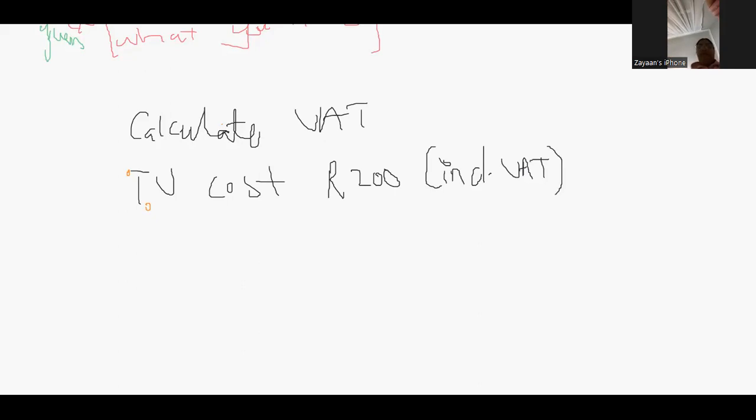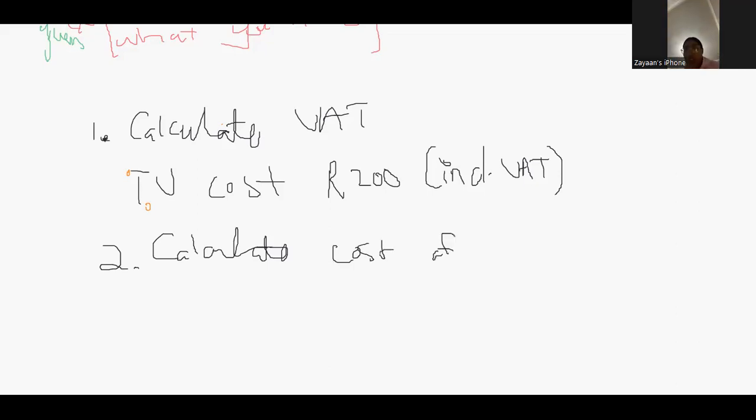Number one, calculate the VAT. And number two, calculate the cost of the TV excluding VAT.